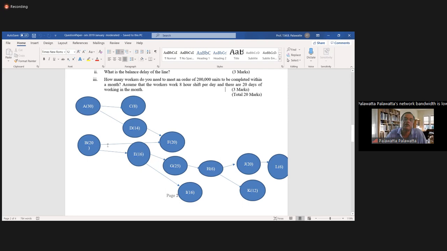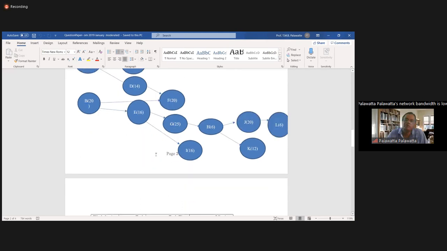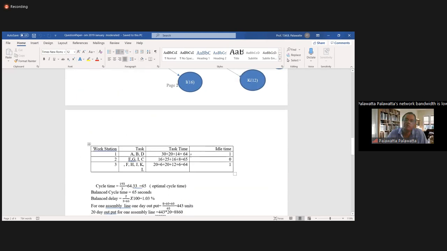Because of that, I allocated D. So A, B, D: 30 plus 20 plus 14 becomes 64. So station number 1, time is 64, A, B, D.